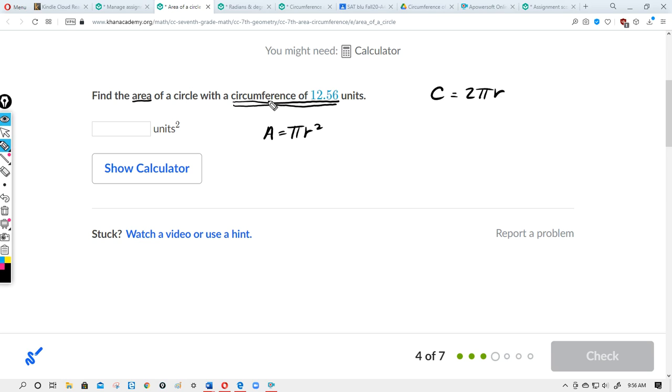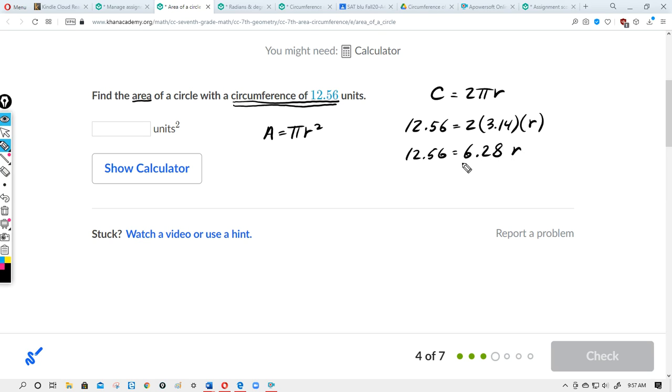And they said the circumference is 12.56, that's C. We have 2, pi is 3.14, and we have r. Two times 3.14 is 6.28, and we have r.